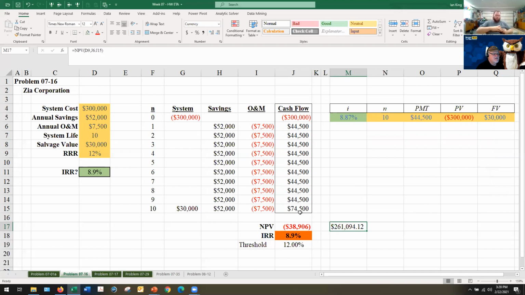Now that's the present value of all these cash flows at year 0. In order to get the net present value of everything, you have to add the other year 0, which is 300,000. Well, it's negative 300,000 plus positive 261,000 gets you your 38,906. Any more questions on that?